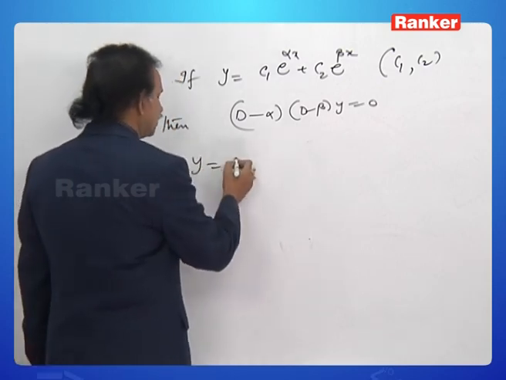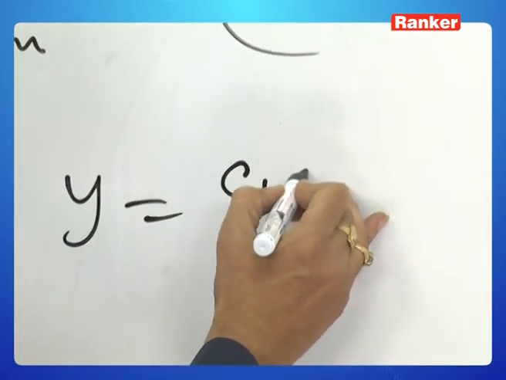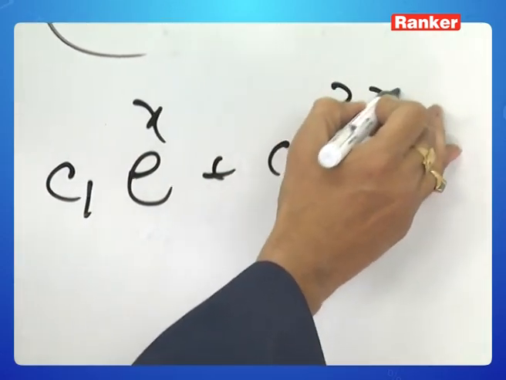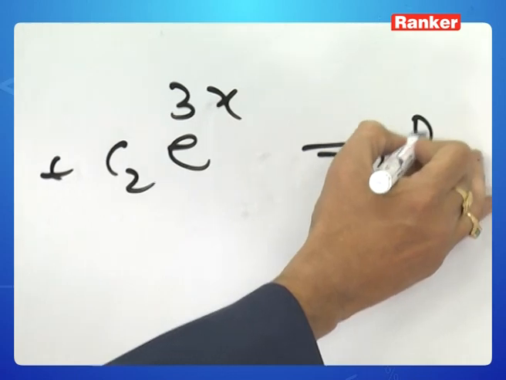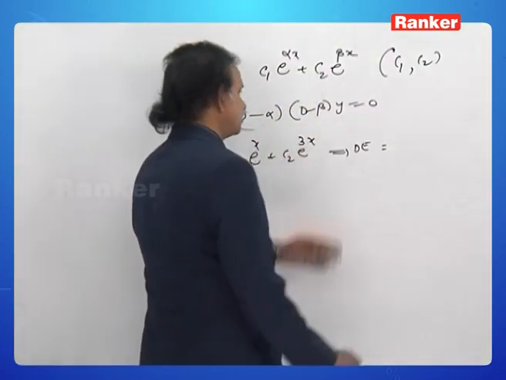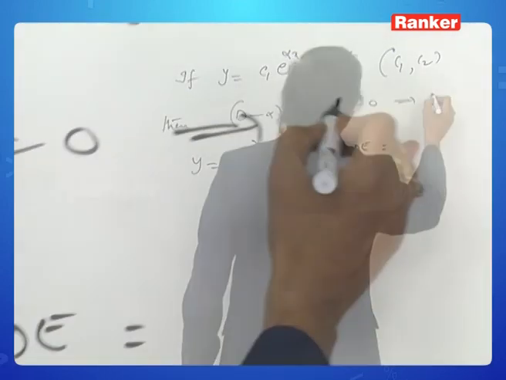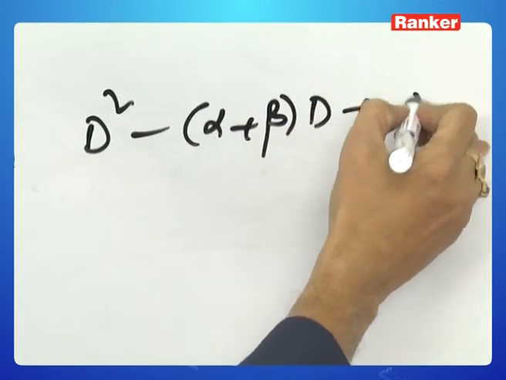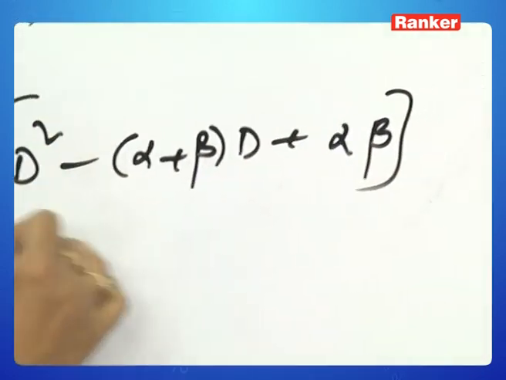y is equal to c1 into e power x plus c2 into e power 3x. What is the differential equation? Come on, you must be able to have the answer. In order to simplify this, it can be done like this: D square minus (alpha plus beta) D plus alpha beta, of y is equal to 0.